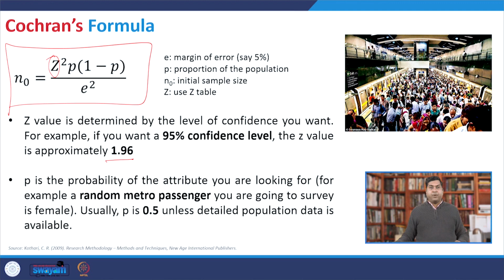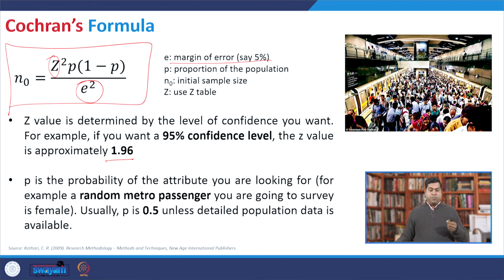Then we have another important aspect in the denominator of this equation, that is your margin of error. Normally the margin of error is taken as 5%, but depending on the accuracy you can also change it. Because it is in the denominator, if you increase this value, you will see the result change.